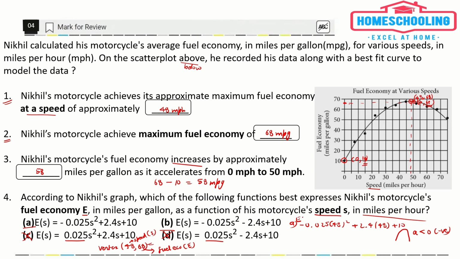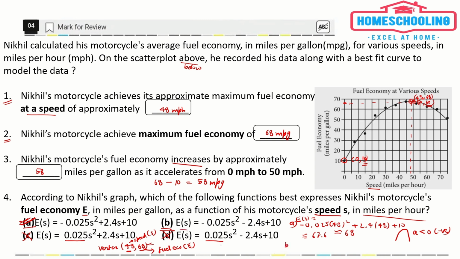So E is equal to, now let me put it on my calculator. It is going to be around 67.6, which is almost equal to 68. Hence, option A is the correct answer, because when we put the speed S as 48, we get fuel economy E as 68. Now let's check whether option B is correct or not.